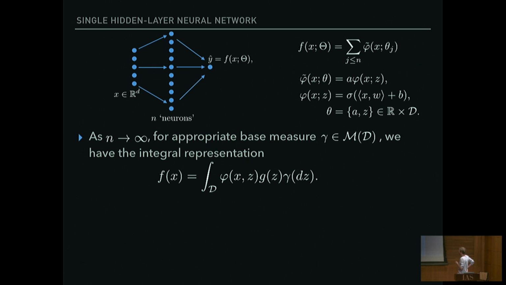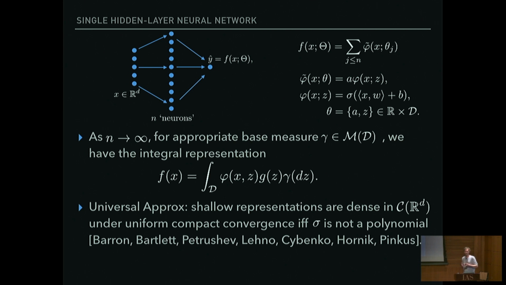So in general, what you end up with is something very familiar, which is trying to write a function using an integral representation, in terms of this kernel function with respect to some weights, right? If you're familiar with the Fourier transform, this really looks very similar. And in fact, this analogy has been quantified, in results that are already more than 20 years old.